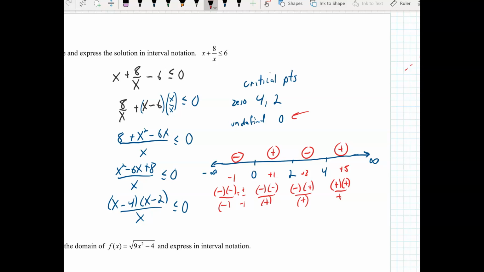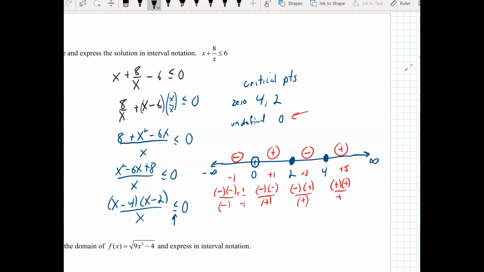Now let's think about where we're starting here. Our undefined point is always going to be an open circle, so let me plot that open point here. The 4 and the 2 depend on this. This time it's including 0, so those are going to be parts of the solution, so I'm going to make those closed points at the 4 and the 2.